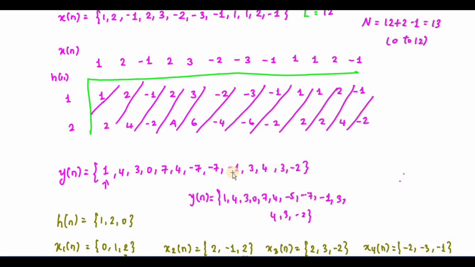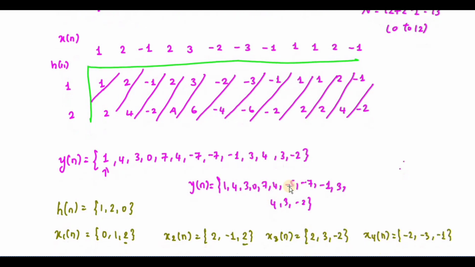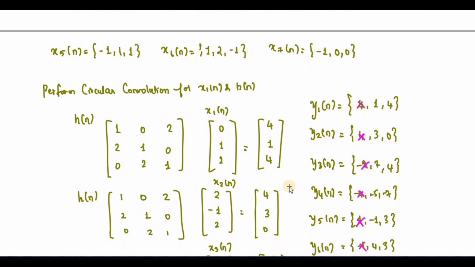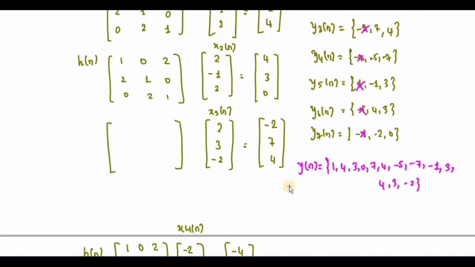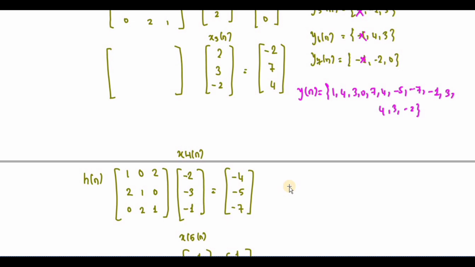So, where I am getting this 4 instead of minus 5, I should get minus 7. There will be some mistake. I see y of 4. So here, minus 4 minus 3 is minus 7, right? So I have made a mistake. It is nothing but minus 7.